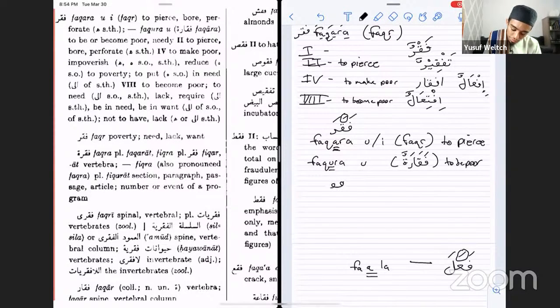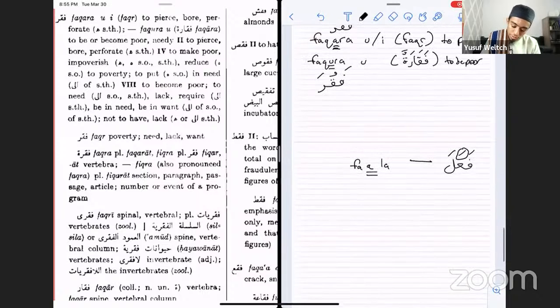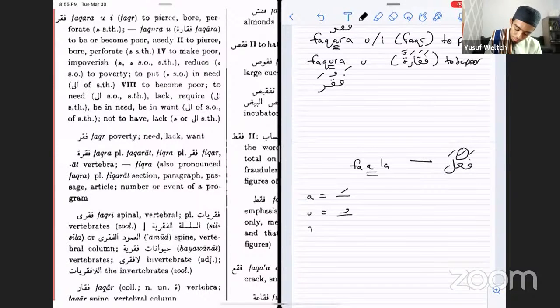But this is faqura, because of the U. So A equals fatha, U equals dhamma, and I equals what? Kasra.